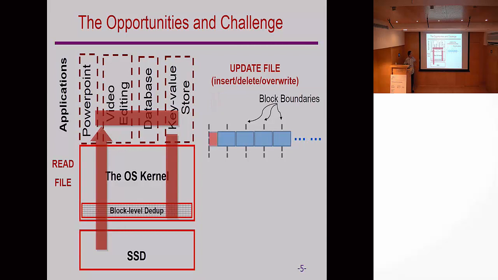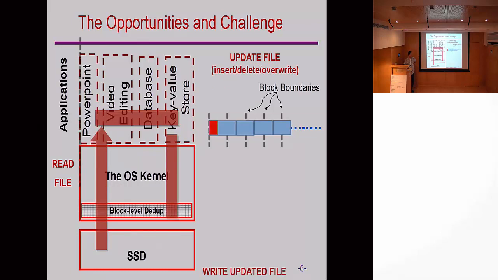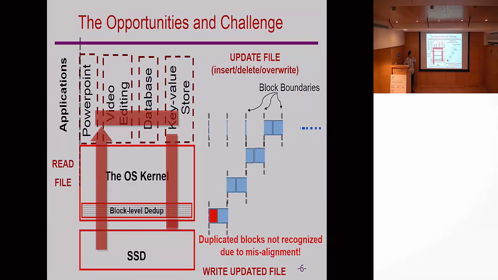However, even with a very small update, like a small insert, we have to shift many blocks or even all the blocks in a file to accommodate the update. Then all these blocks become misaligned, and the dedup component will consider all these blocks as new blocks, and the rewrite of these unupdated blocks cannot be avoided.